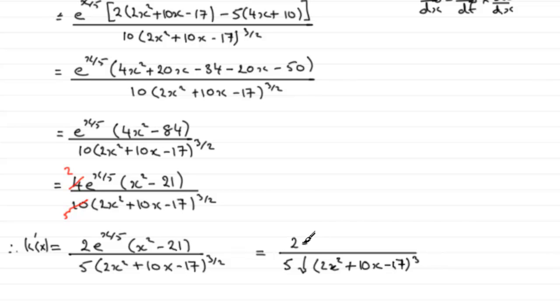The top stays exactly the same. You might find that you could put e to the power x over 5 at the rear of this bracket. It doesn't matter, okay? So, a couple of versions there. I hope that agrees with the answer that you've got to find.